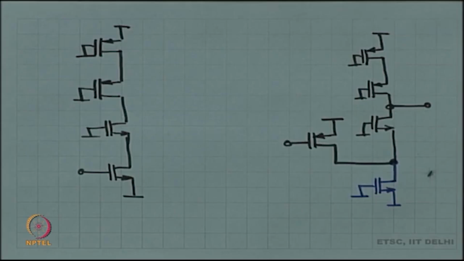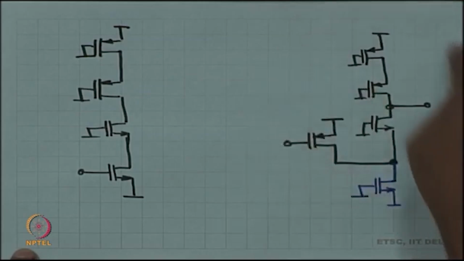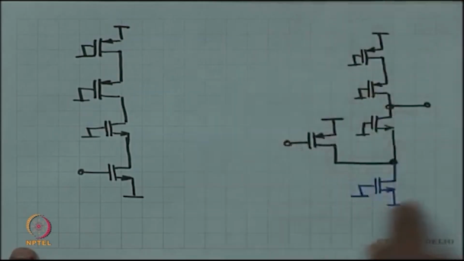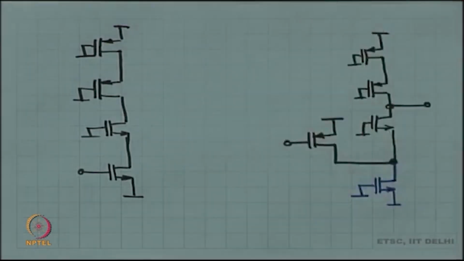All right. So, now we are going to redesign our circuit with this as the basis. This is going to be the half circuit. The plan is that I will have this as my half circuit and then regenerate the complete circuit. Where is the tail current source going to be?